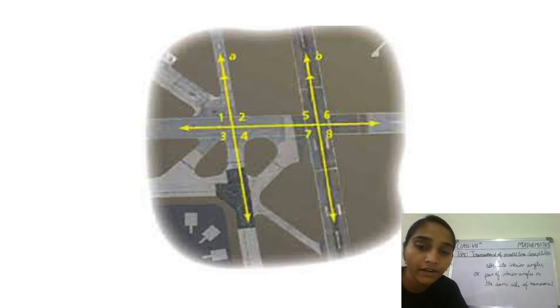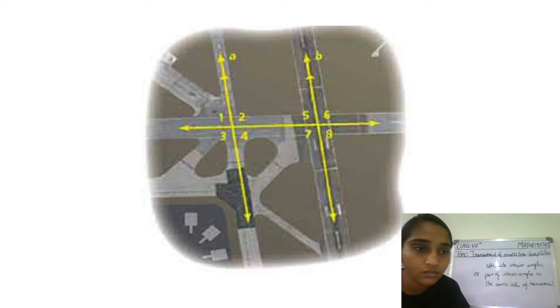And what else can you find in it? Yes, you can see that some angles are also given, like the angle 1, 2, 3, 4, 5, 6, 7, 8, and we know how to name these different angles, as we discussed in our last class about the angles formed by the transversal, right?